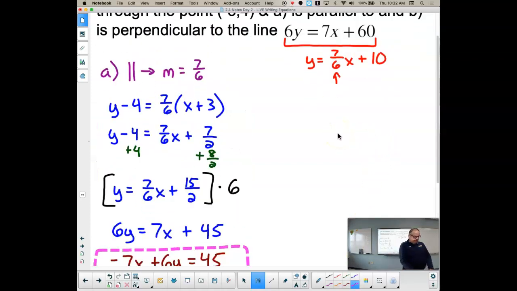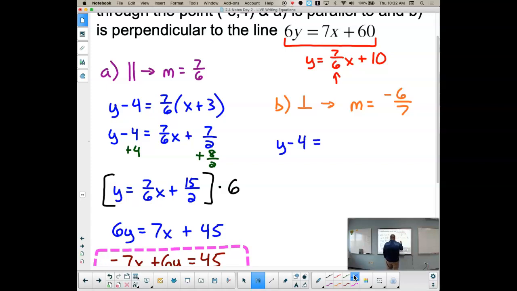Part B says now we need to be perpendicular to that one. So our slope then is going to be negative 6/7. Y minus 4 equals negative 6/7 times x plus 3.